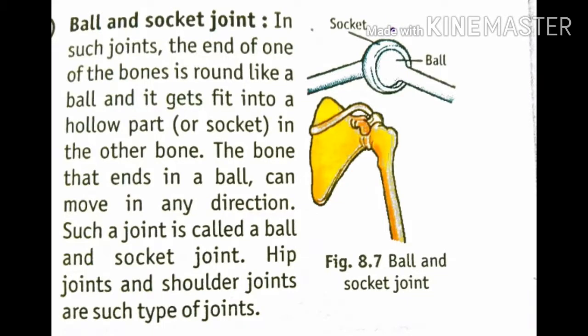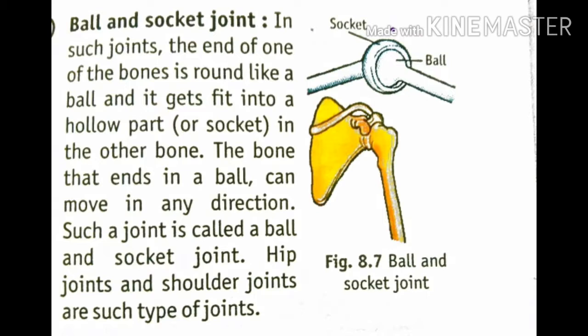First we'll see the ball and socket joint. In this joint, one end of a bone is round in shape, just like a ball. The other bone is in the shape of a socket.